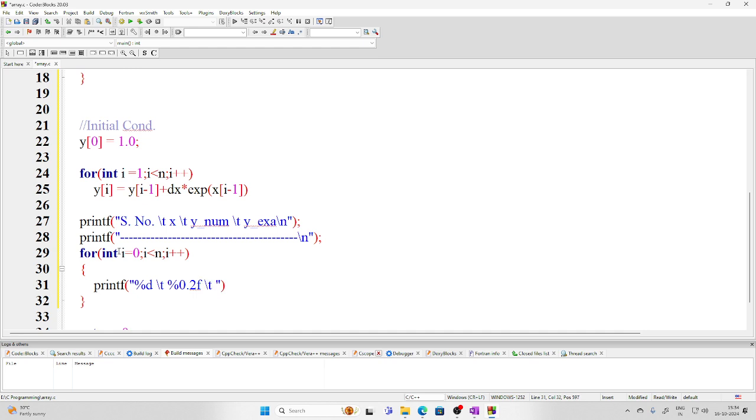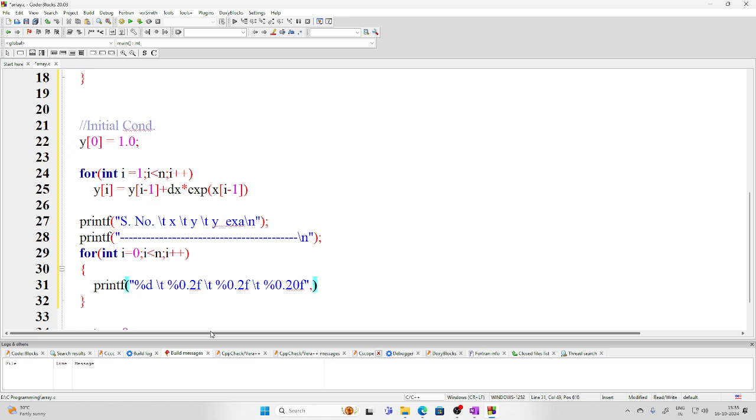Then the y numerical value will come. So this is your serial number, that is i, and this is for your x. Now we'll be writing y, so it is %f, again take only 2 places after decimal, and then again give a tab, and then comes the exact value, so %0.2f.